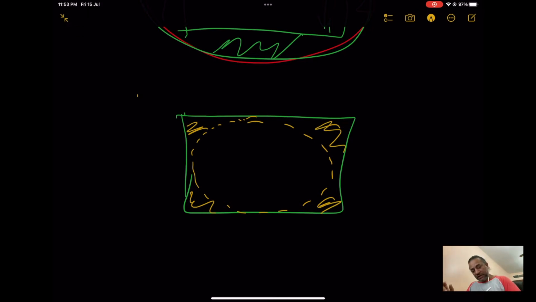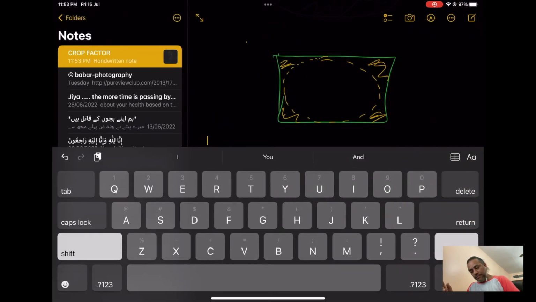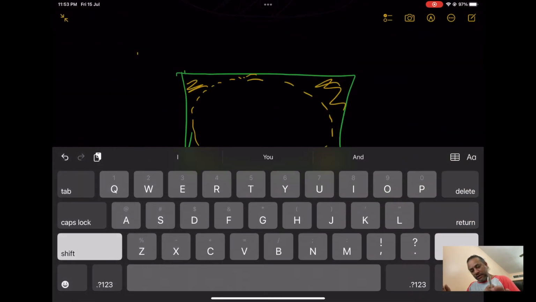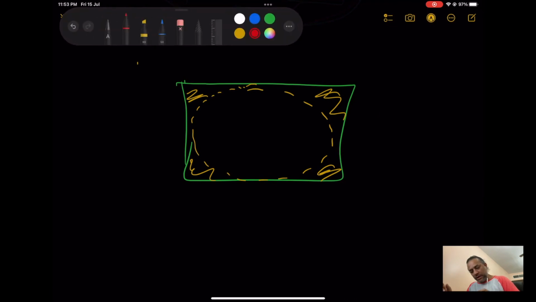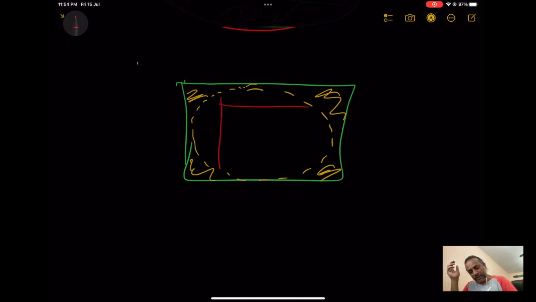So the image that you are going to get by using a crop sensor lens over full frame will be like this.